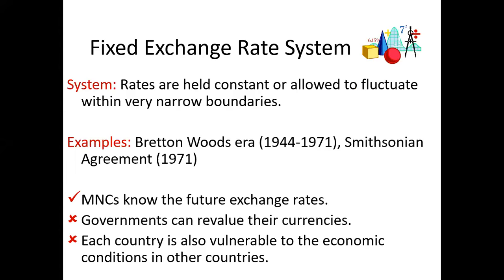Several governments would meet and decide what the exchange rate between their currencies would be. So the Ghana government and the US government will meet and decide that $1 should be maybe 5 cedis, and that was it. So various governments had to take responsibility to ensure that that exchange rate held between the two countries.